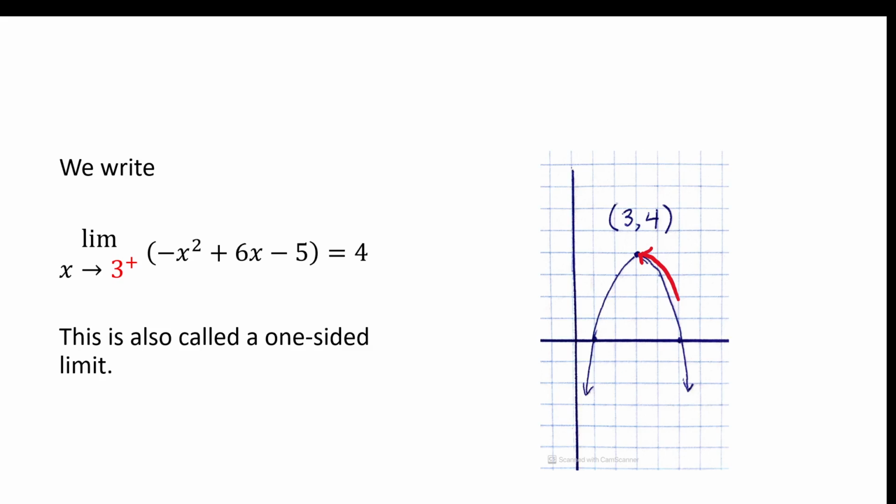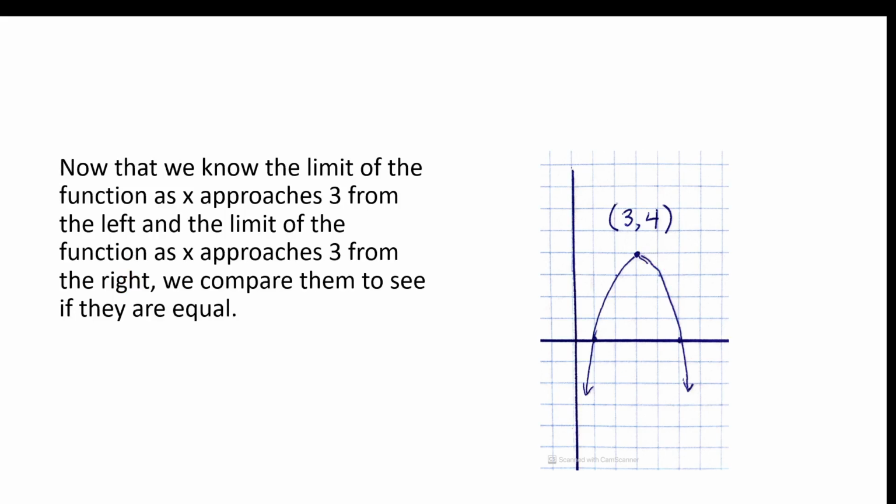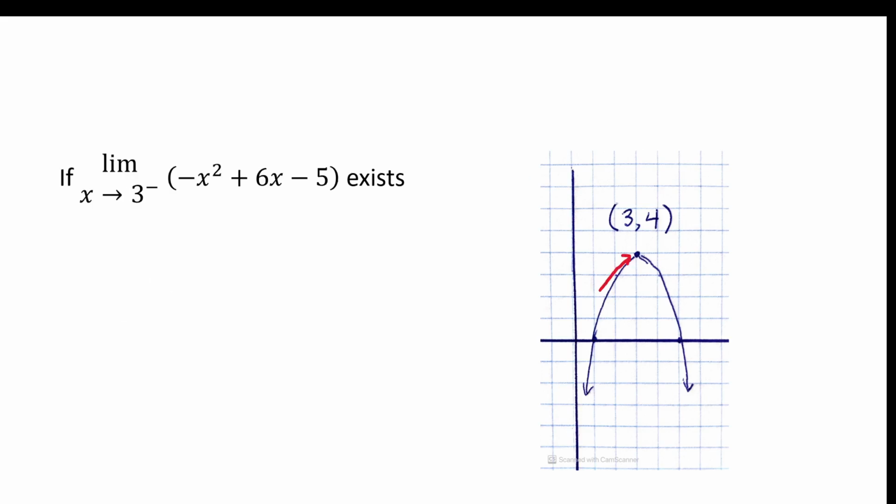Now, at the x-coordinate we can only arrive from the left and from the right. There are only two ways to approach it. And so what we can say is the limit of the function as x approaches 3 from the left and the limit of the function as x approaches 3 from the right need to be compared.